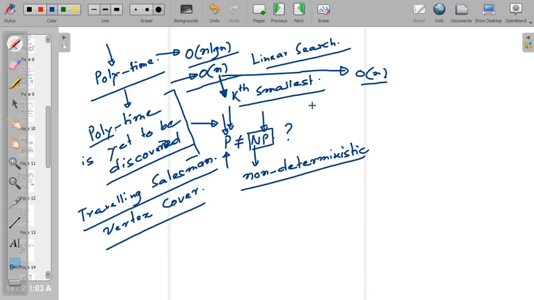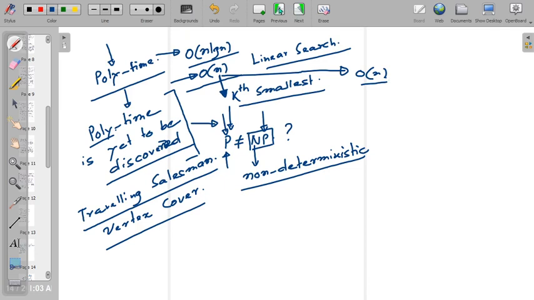The Clay Mathematics Institute posted 10 millennium problems, and one of them is this P not equals to NP. Those who discover whether P not equals to NP or P equals to NP will be famous overnight. So this is the story.